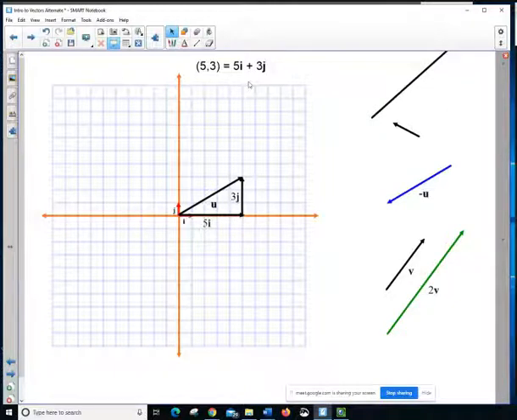So they are special cases of unit vectors. They just happen to be the unit vectors in the direction of the positive x-axis and the positive y-axis. But let me just say this. Don't assume that all basis vectors have to be unit vectors.